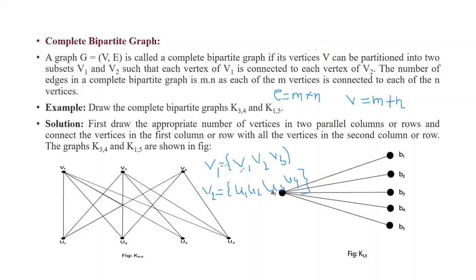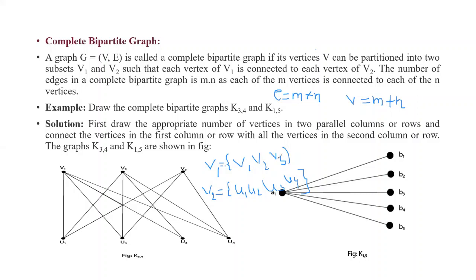So V1 must be connected to U1, U2, U3, and U4. See here, this V1 is connected to U1, U2, U3, and U4. Same V2 is also connected to U1, U2, U3 and U4. Same V3 is also connected to U1, U2, U3 and U4.